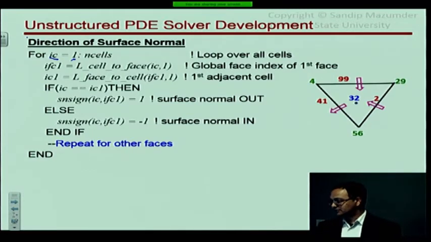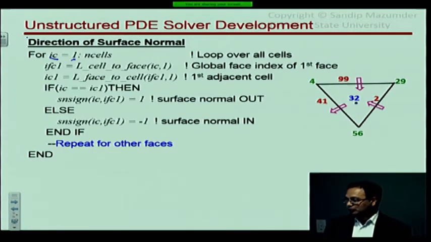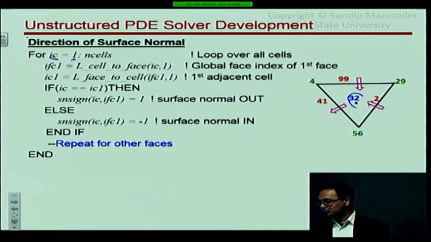In this case, let's say I'm looking at cell number 32. I'm looping over the faces, so from 32 I get the face number of the first face. That may be that one.